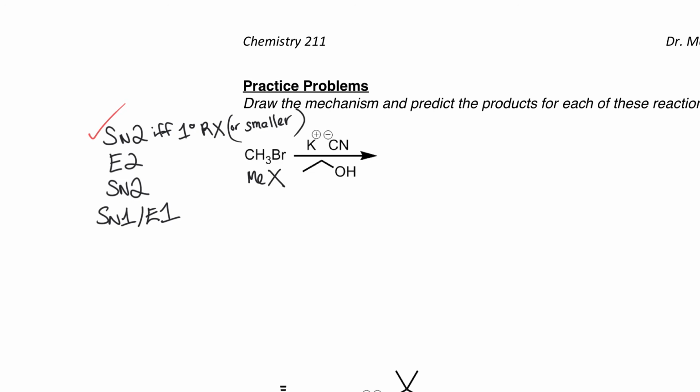Okay. So simple enough. We remember good old SN2. Kick that off. Actually, I don't like that. It's not drawn out. So let's draw out all our bonds.